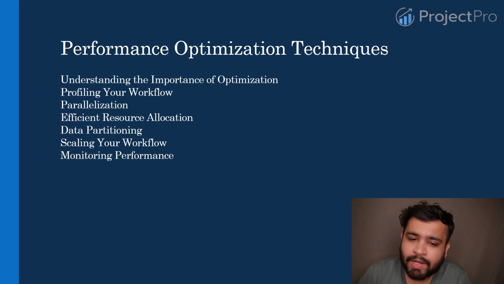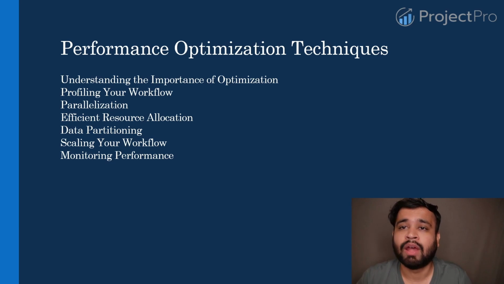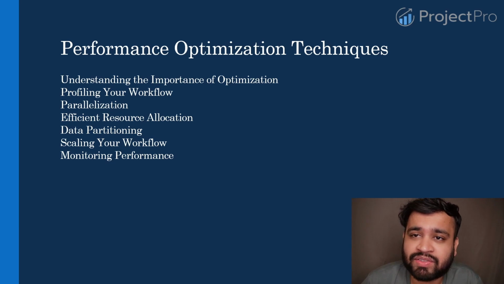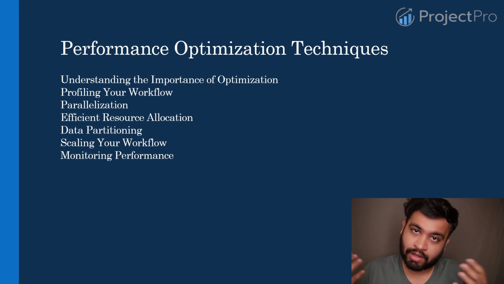We will start by highlighting the significance of performance optimization in our pipelines. A faster pipeline gives us quicker insight into our data, makes our process more efficient, and makes data processing faster.